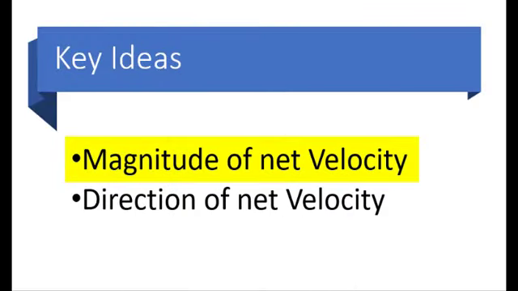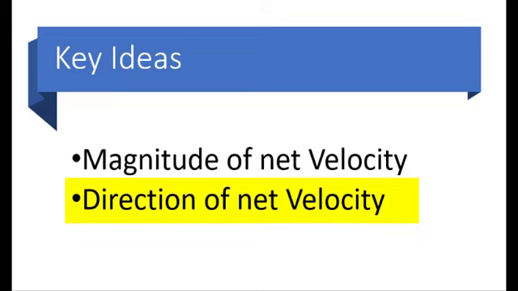In this lesson, we have learned to find the net velocity of a projectile at any point in its flight. We know the x component and the y component of the velocity, and in order to obtain the total velocity or the net velocity, we use the square root of Vx squared plus Vy squared.